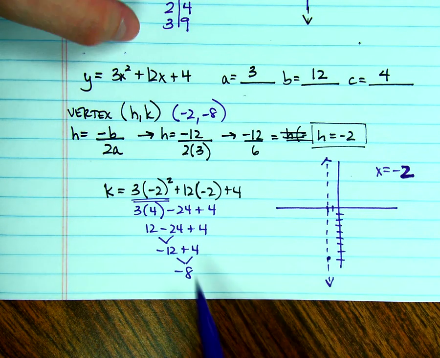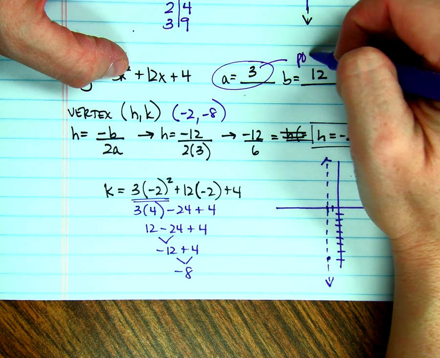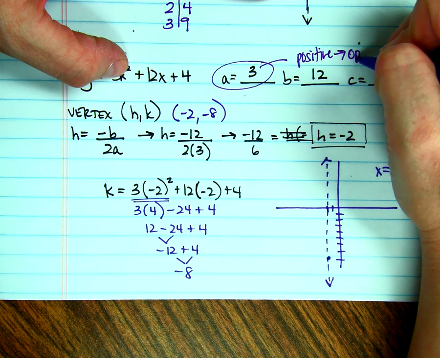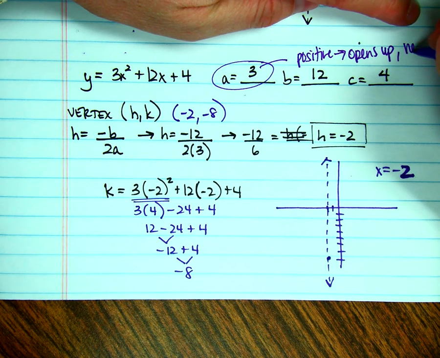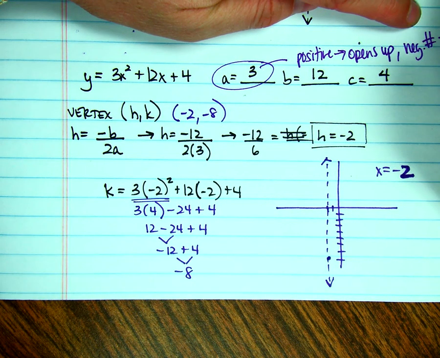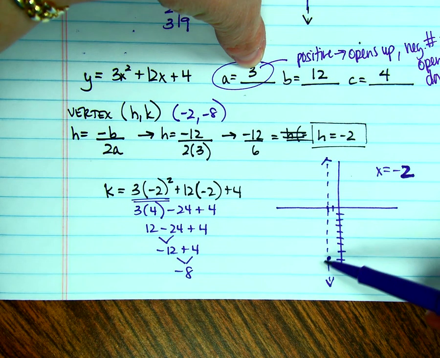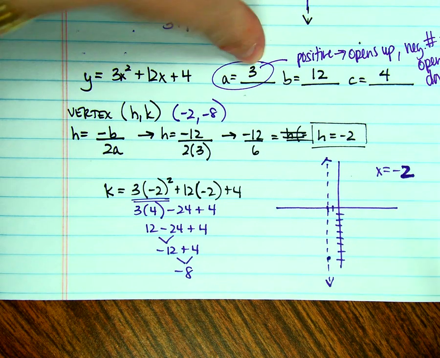The A, if it is positive, that means that it opens up. If it is a negative number, it opens down. So this is a positive 3, so I know my parabola is going to be opening up.